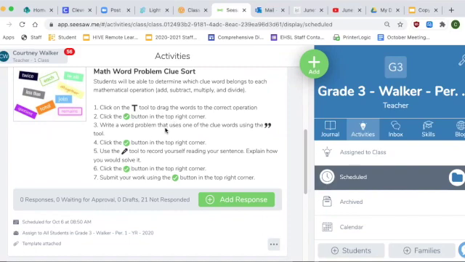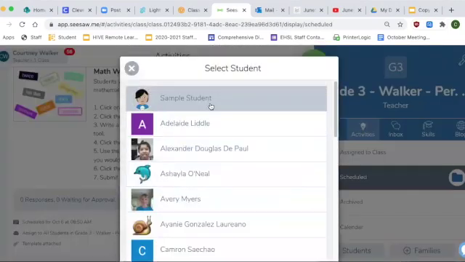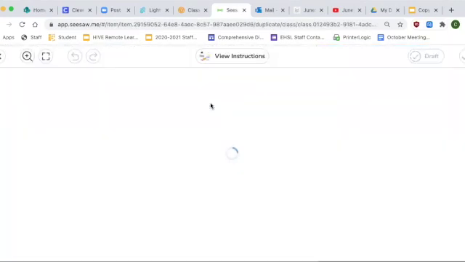Then it says write a word problem that uses one of the clue words using the quotation marks. Click the green check mark button in the right one. Then you're going to use the recording tool and record reading your sentence and explain how you solved it. So it seems like a lot of steps, but let me show you what we're going to do.